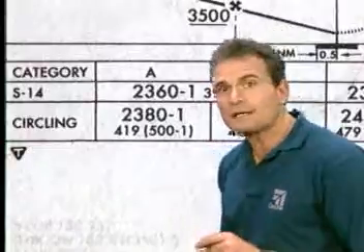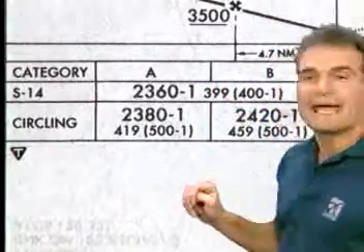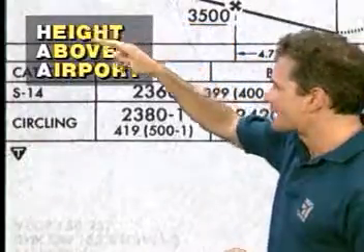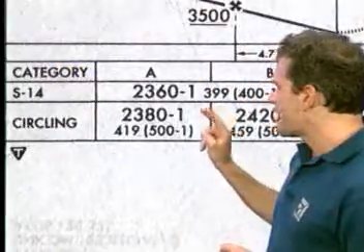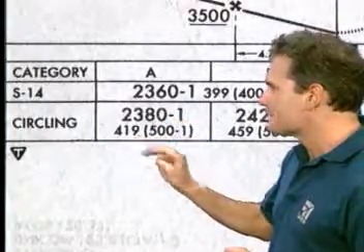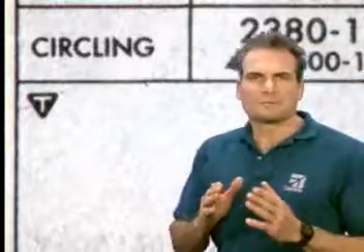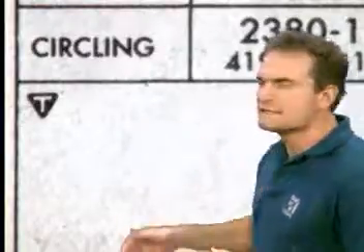So in the circling minimums, instead of HAT, you get height above airport, or HAA. Thus, for the Category A block in our example, the MDA of 2380 is 419 feet above the published airport elevation.